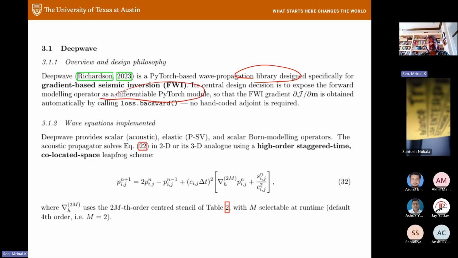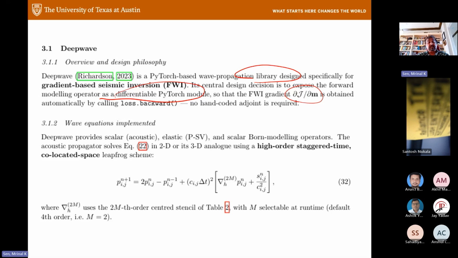So it has a computational graph, so that you can actually calculate del J and del M, which is essential to FWI, using PyTorch functionality like loss.backward. It backward propagates it. No hand coding of the adjoint is required in this case. But then, memory handling in 3D becomes a bit of a problem here.